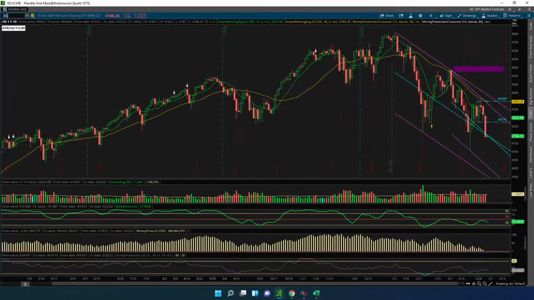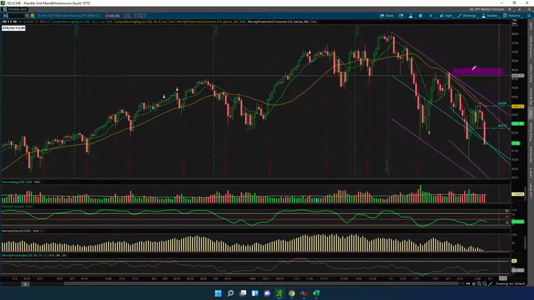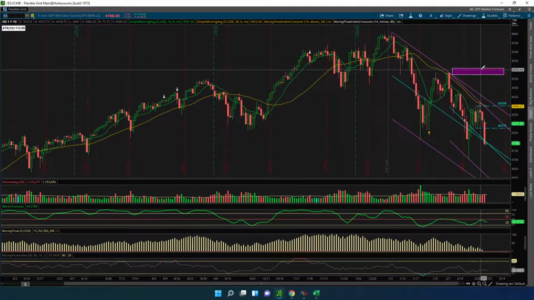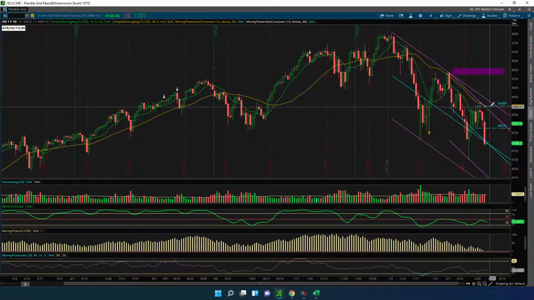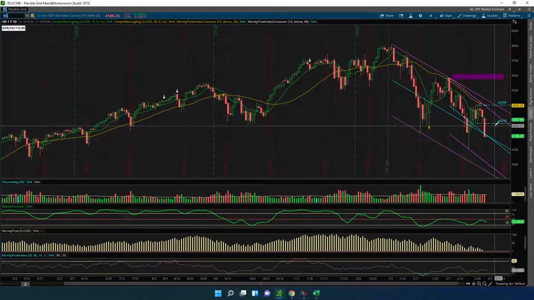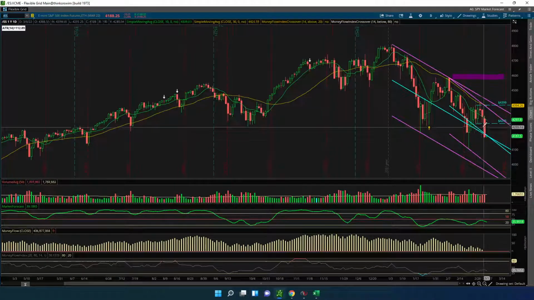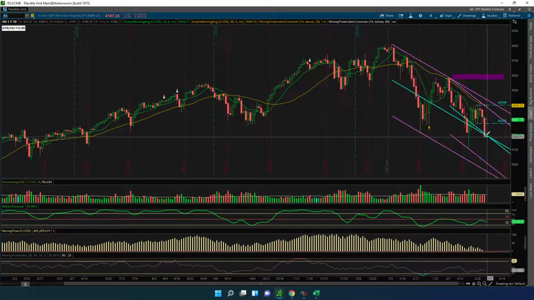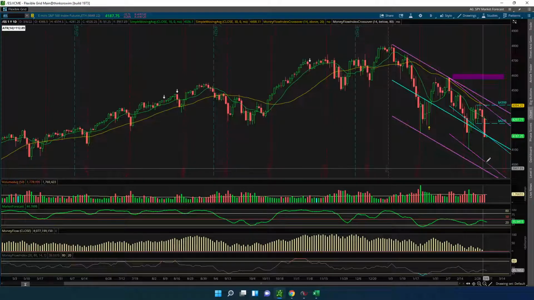In the video over the weekend, I said that I was probably targeting this area right here for 4,600 if the price went above 4399. But if it broke below the 4275, then it was going to go probably to one of these areas.